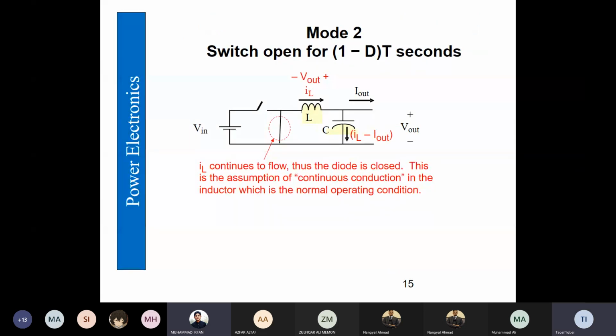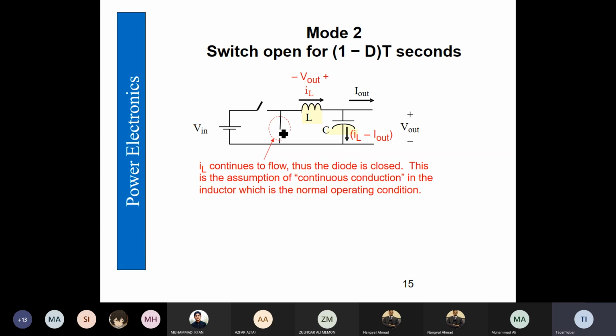The second mode is when the switch is open. Now there is almost no voltage, so the inductor side voltage is now 0, and there should be something on the anode side which forces the diode from reverse bias into conduction mode.